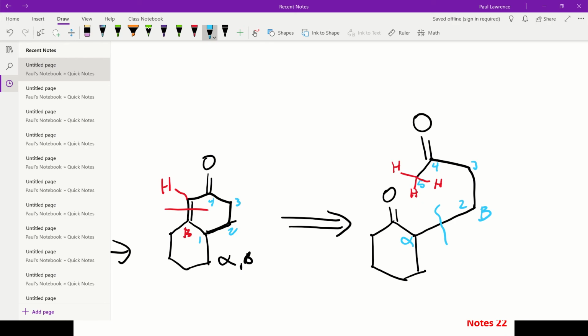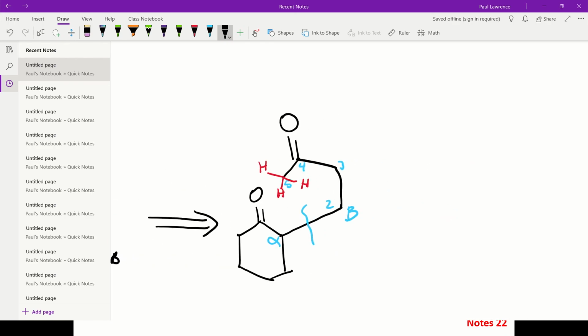So we're going to break that bond, and the alpha carbon right here, we just break the bond and leave it be.